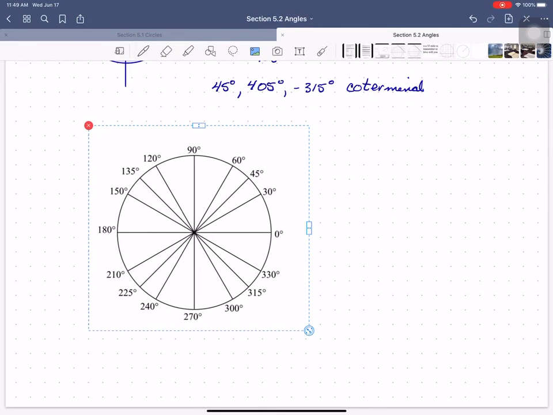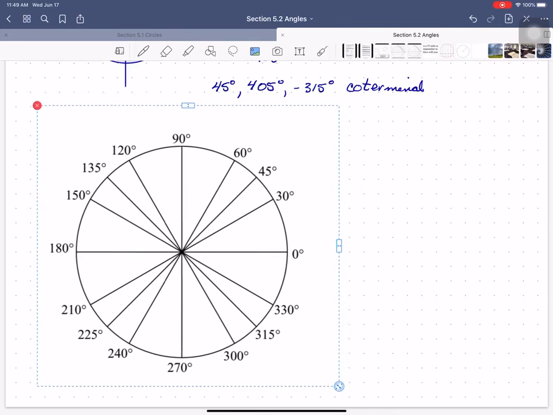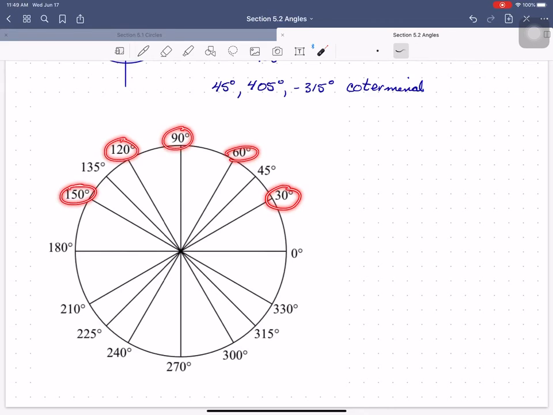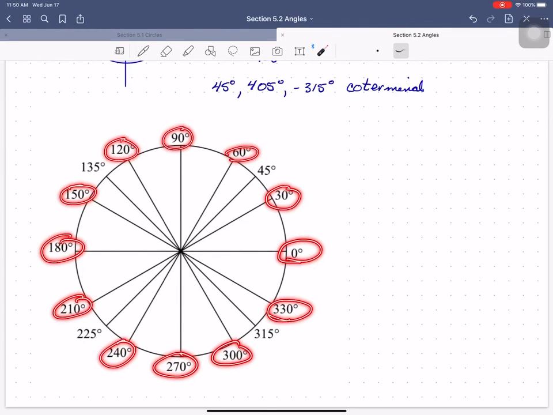So these are angles that are multiples of 30 degrees, 45 degrees, 60 degrees, or 90 degrees. So here we've got 30, 60, 90, 120, 150, 180, 210, 240, 270, 300, 330, and of course 0. Those are all multiples of 30 degrees.